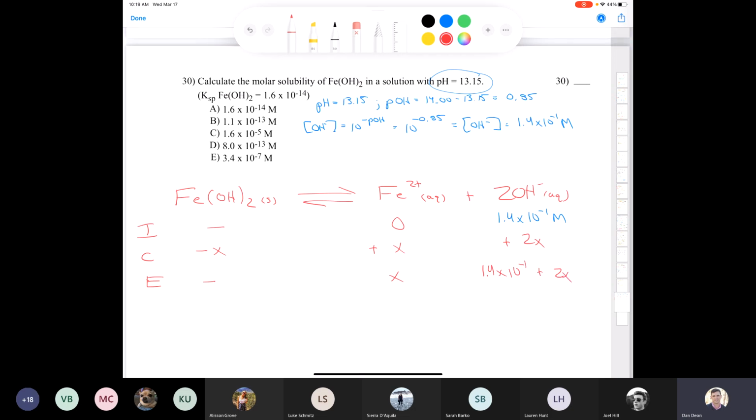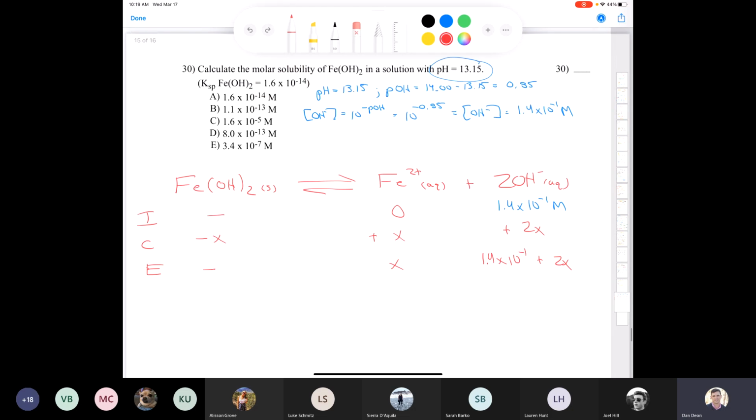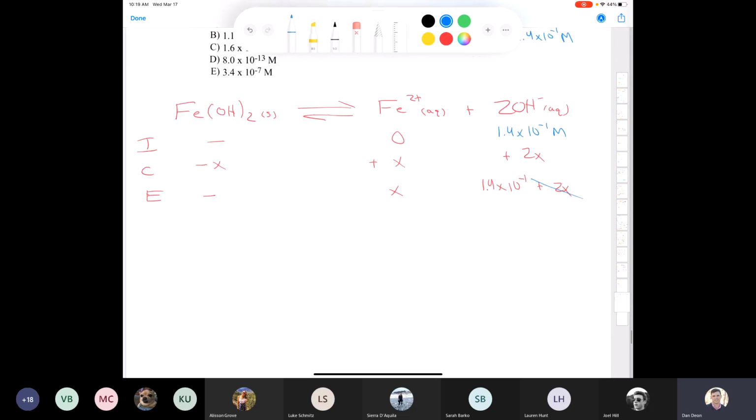Well, I'm given the Ksp, and you can see that this initial concentration is way bigger than 100 times my Ksp. And so I'm going to ignore the plus 2x like that. So I get that my Ksp is equal to the concentration of iron(II) ions times the concentration of hydroxide ions squared.